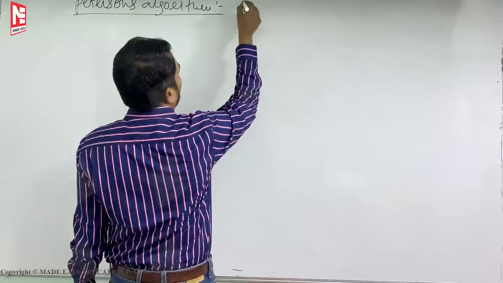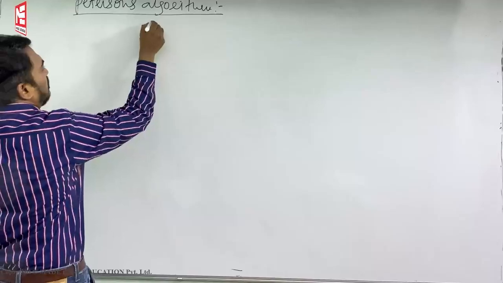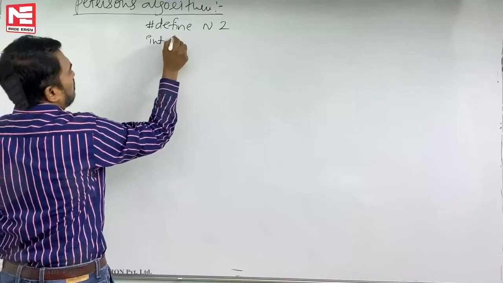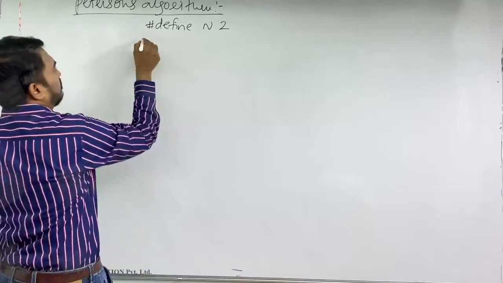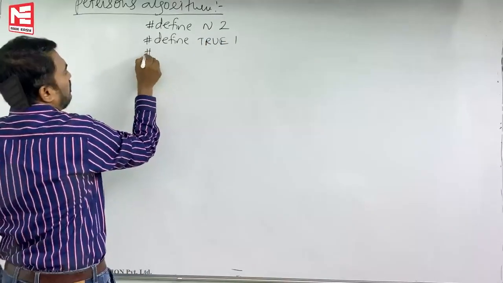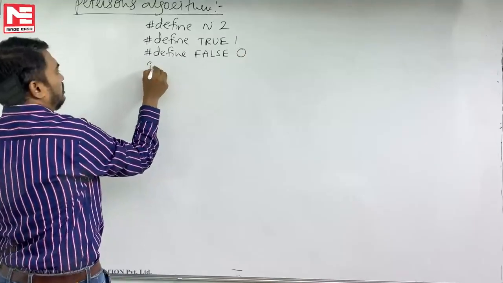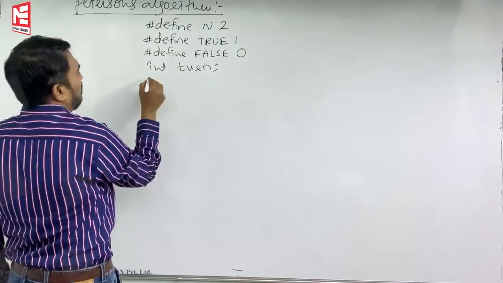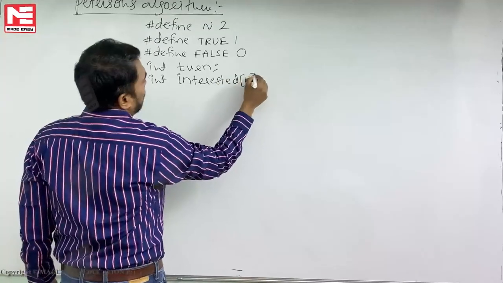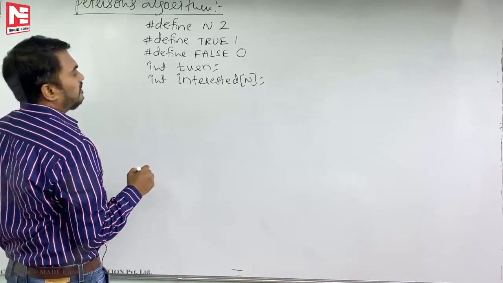I'm going to write here. #define N 2, #define TRUE 1, #define FALSE 0, int turn, int interested[N]. Please copy the solution algorithm that is given.